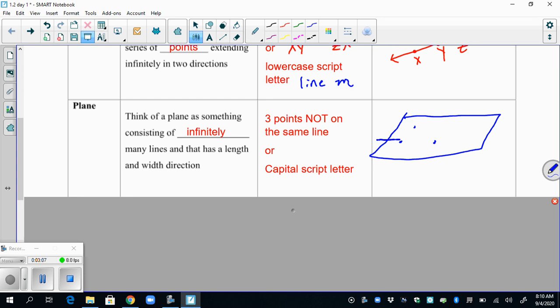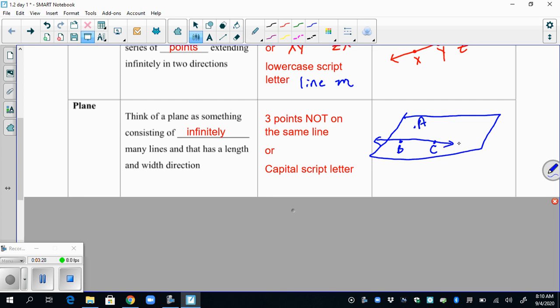It might show a line going through a couple of points. I'll name these A, B, and C. So even though I've only identified 3 points, there's an infinite number of points in that plane. There's an infinite number of lines in that plane.